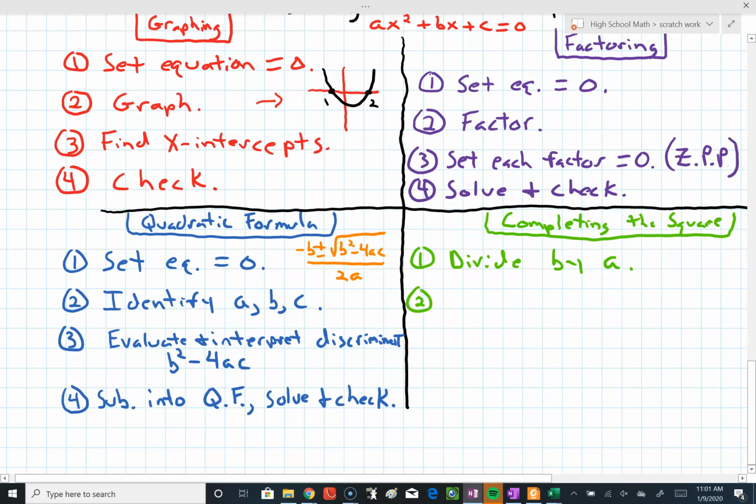Step 2, we're going to gather the variable portions on the left and the constants on the right of the equal sign.